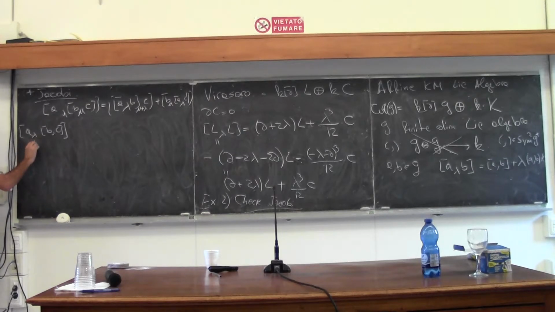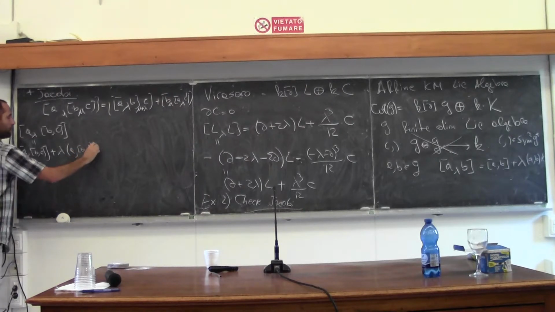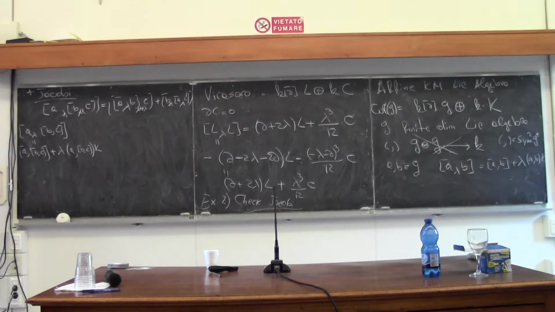This side is equal to A comma BC plus lambda times the pairing of A with BC. This is just the definition that I wrote there.